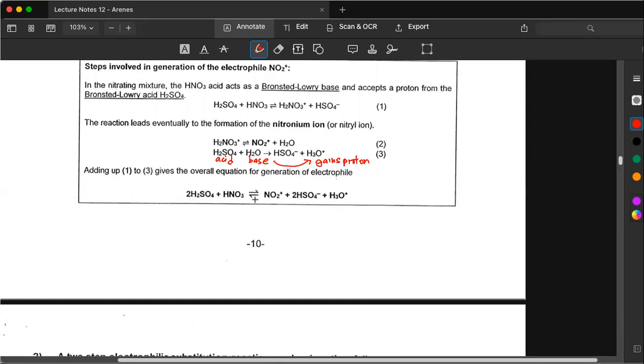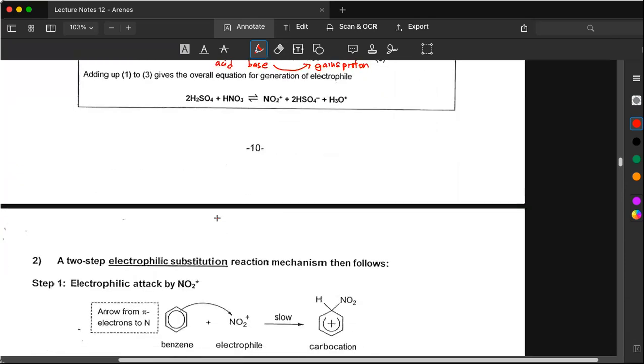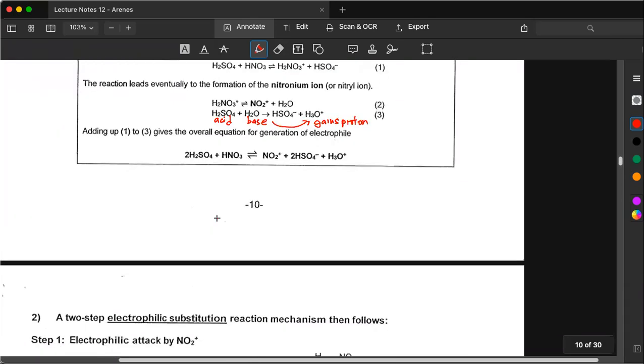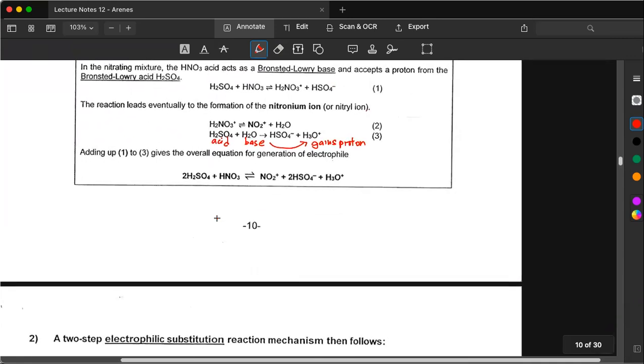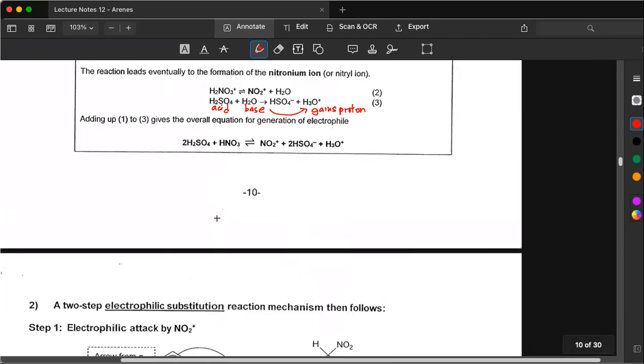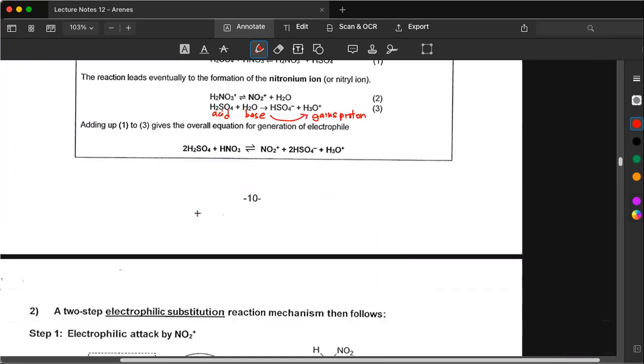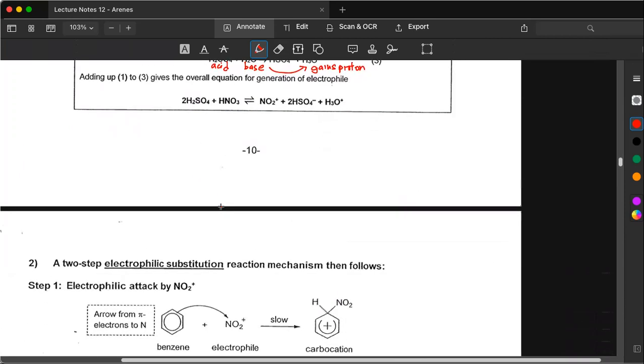Okay. So it's better to remember these 3 steps than to memorize the overall equation. It's actually much better to know the 3 individual steps, because you also need to write these 3 equations anyway. All right. Then you derive the overall from there.